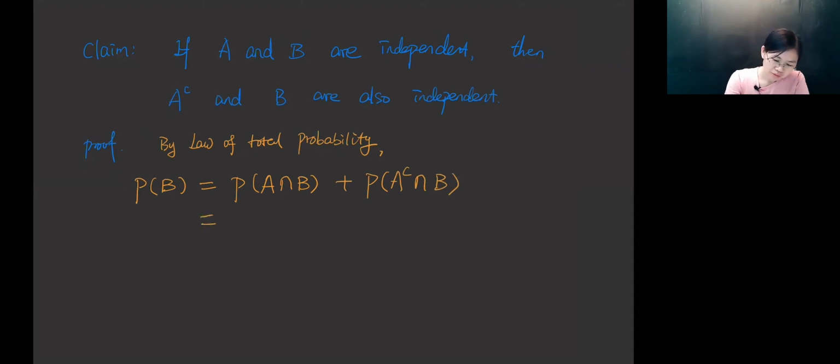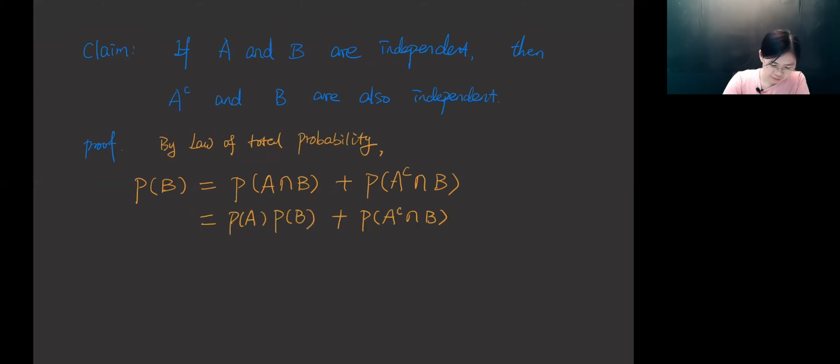Now we know that A and B are independent. Therefore, P of A intersect B should be equal to probability of A times probability of B.